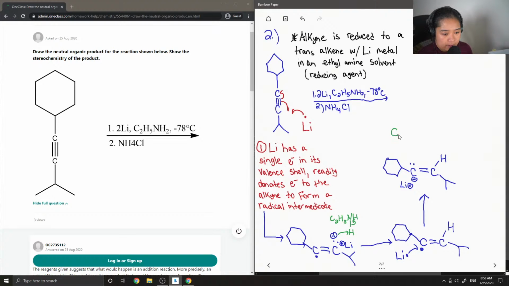Okay, so now we have a similar structure to our other intermediate. And now this carbon comes and deprotonates another ethylamine, which gives us our final product.